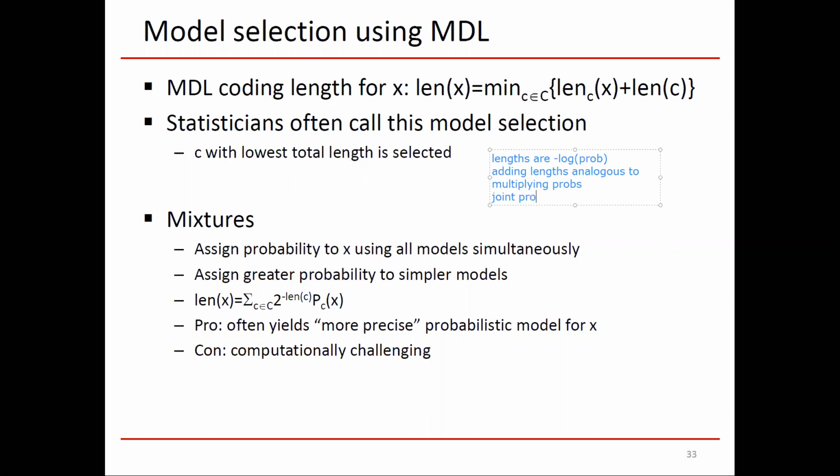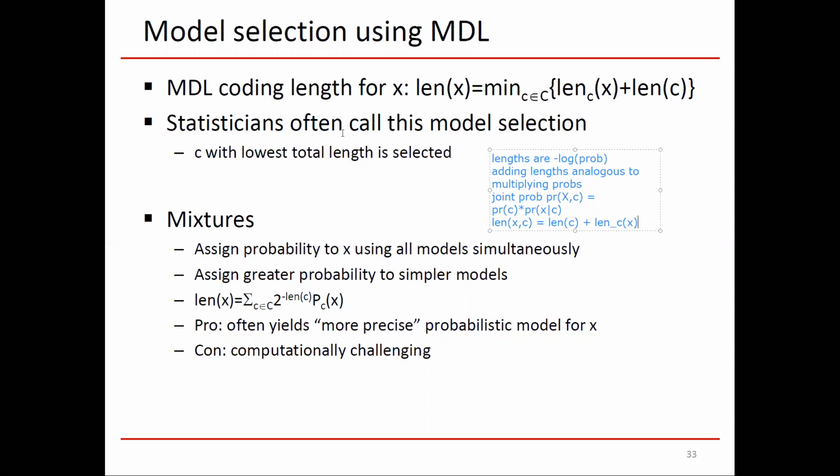So the joint probability P of X jointly with C is the probability of C multiplied by the probability of X given C. And the lengths are: length of X comma C is length of C plus length subscript C of X. So you can multiply probabilities, you can add lengths, same thing.